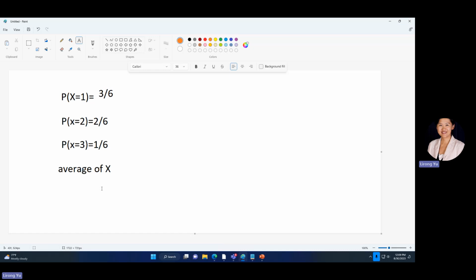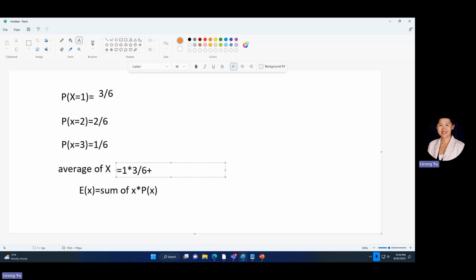So we're calculating something called the expected value of X. The calculation is a summation of each X value multiplied by its probability. And that is the expectation of X. The actual calculation: the X value equal to 1 has a probability of 3 over 6.